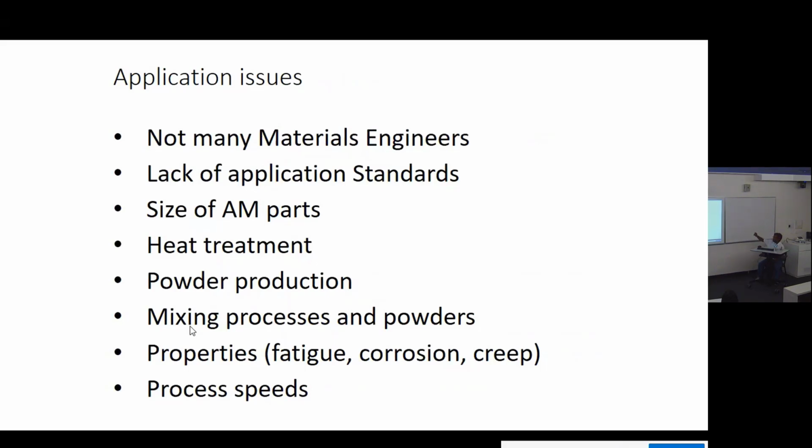The other thing that we have is lack of application standards. So one of the main things that we are trying to work out is how do you specify parts that can be made using additive manufacturing. There are not many standards available, but they are coming, and that'll be a big area for industrial application of these parts.